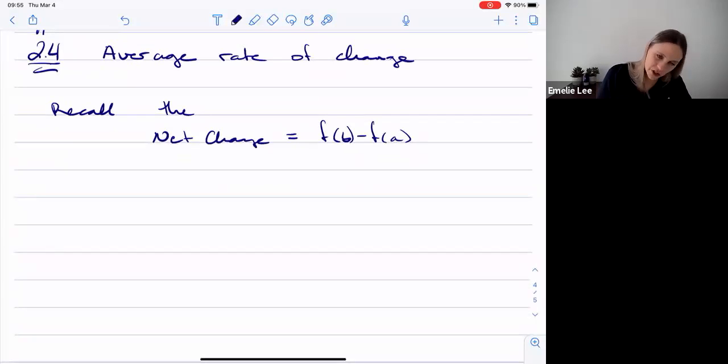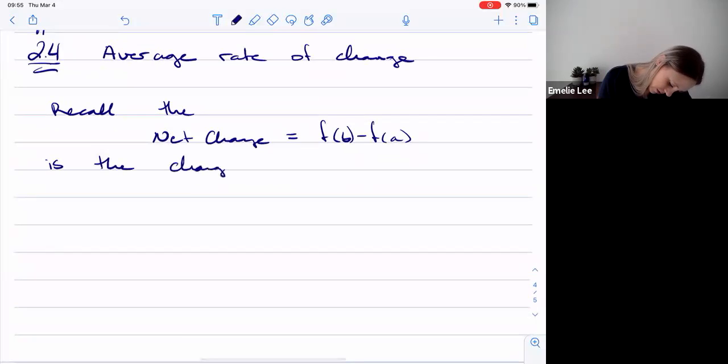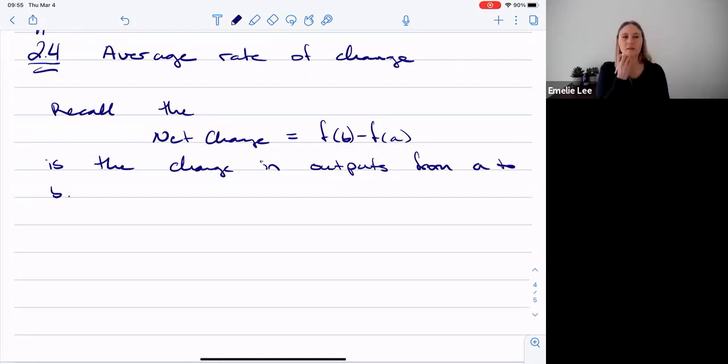Recall that the net change, f of b minus f of a, is the change in outputs from a to b. So from x equals a to x equals b, we have this change in output. So that's the net change.